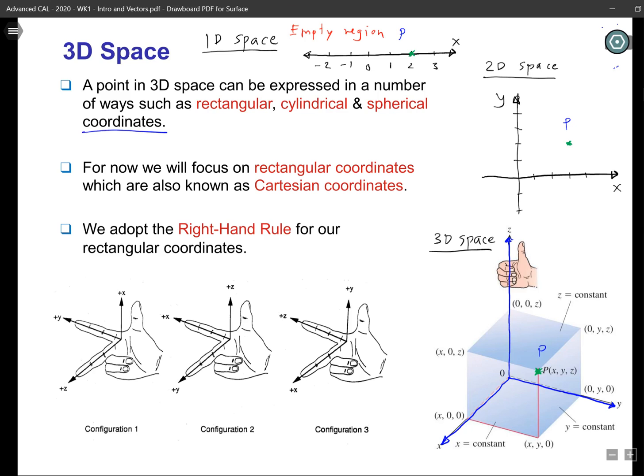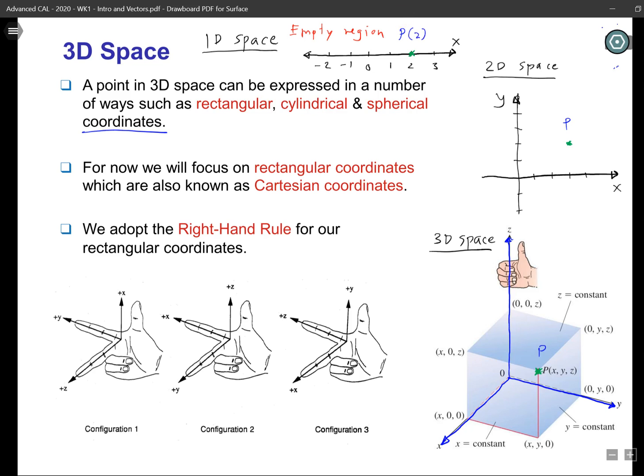So we are going to use coordinate system to locate these points so that we know where it is, not just there. So in this case, we are going to use this value of 2 to be the coordinate of this point in 1D space. All right. So 2 is the coordinate for this point.